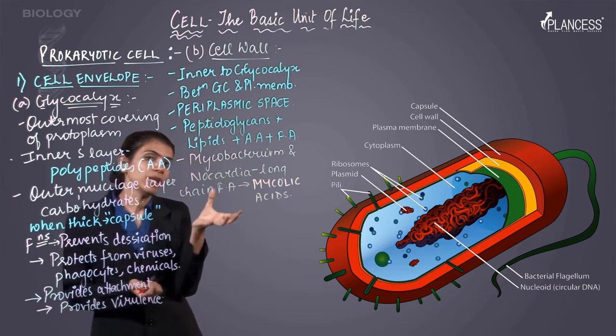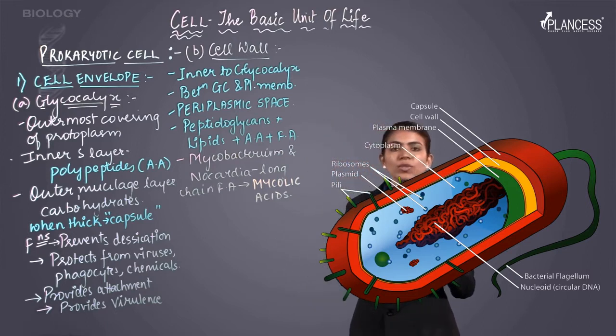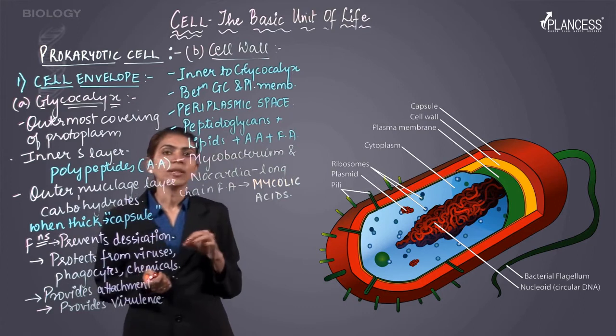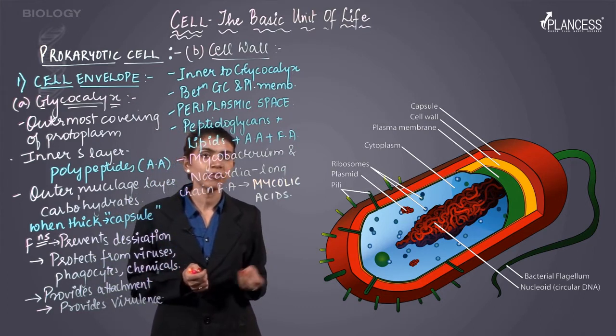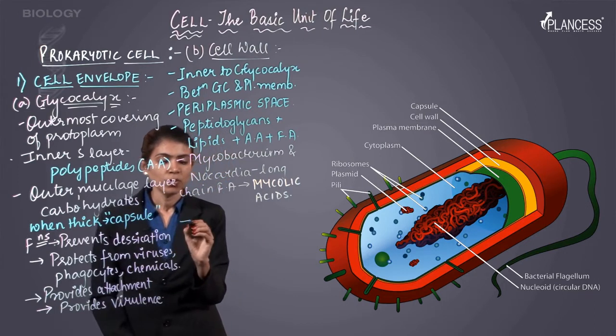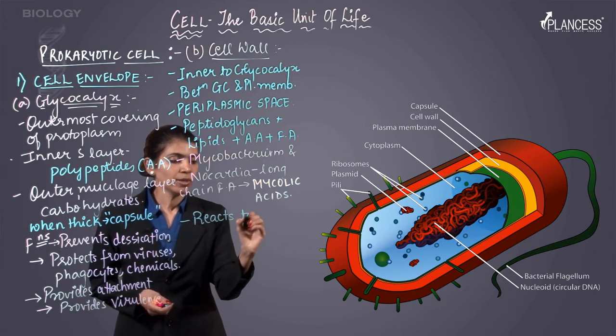Now, what is the importance of this layer of cell wall? It is the cell wall which reacts to what is called the Gram stain, and based on that reaction, the bacteria is called either a Gram positive bacteria or a Gram negative bacteria.